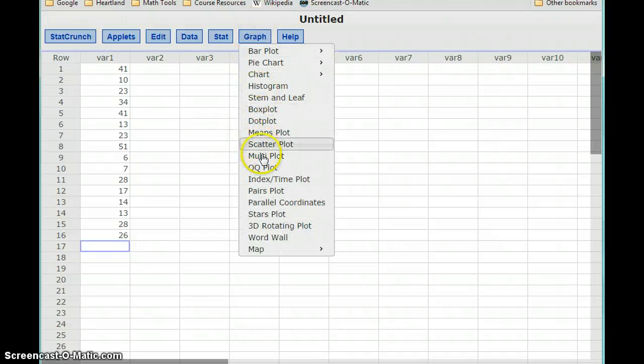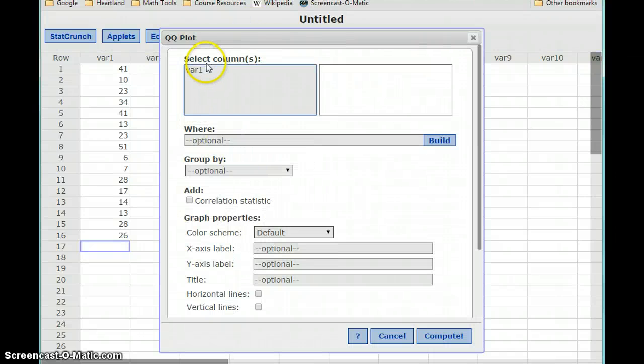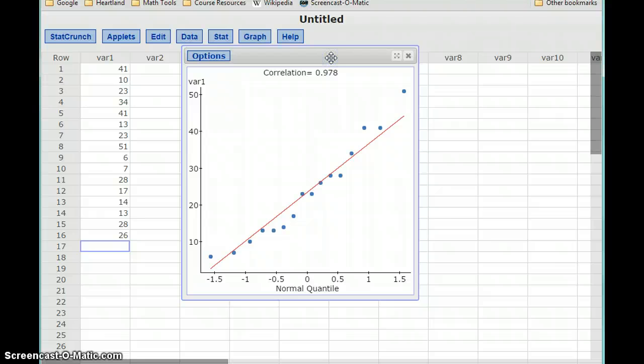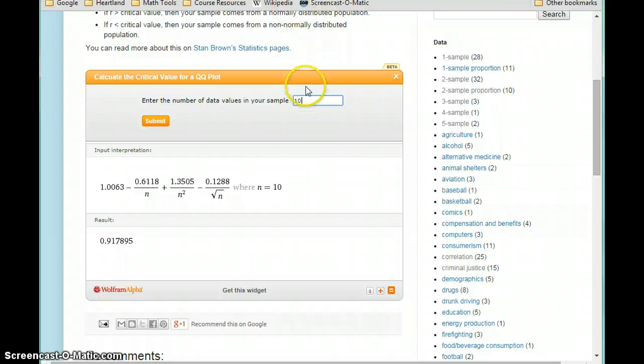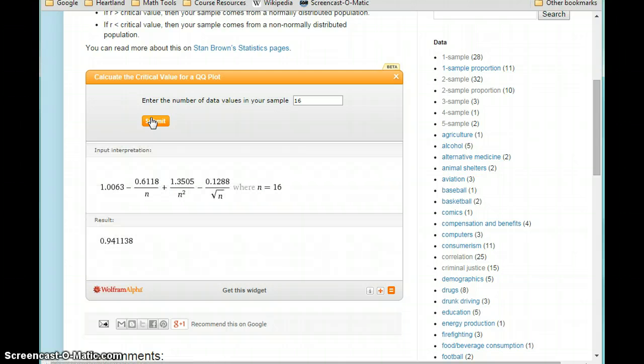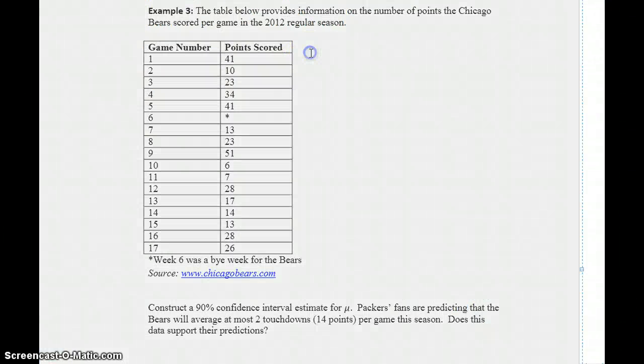Since our sample size is too small, less than 25, we'll construct a QQ plot with the correlation statistic. In this case, we get a value of 0.978. Our critical value is 0.941. So since our correlation statistic is larger, the conditions are met.